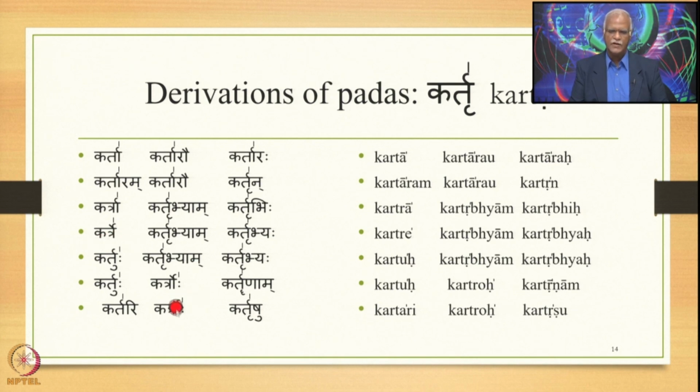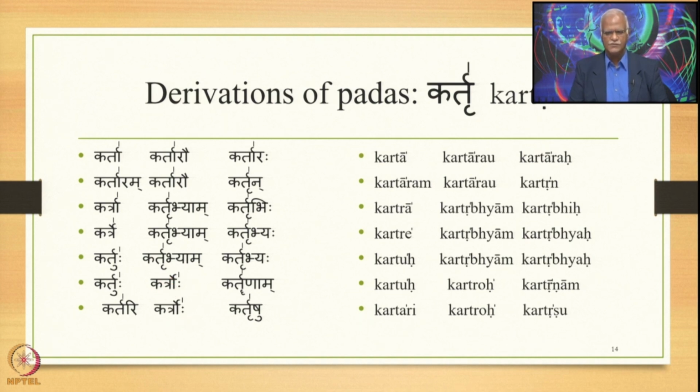Similarly in kartroho, this o, which is anudatta, comes after the yan r, which has come in place of the anudatta ru, and therefore this is converted into a swarita by udattad anudattasya swaritaha.